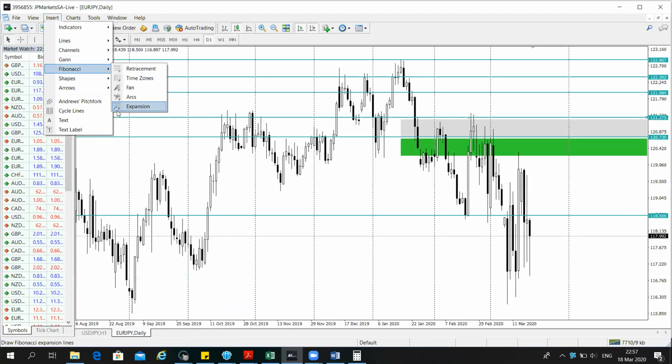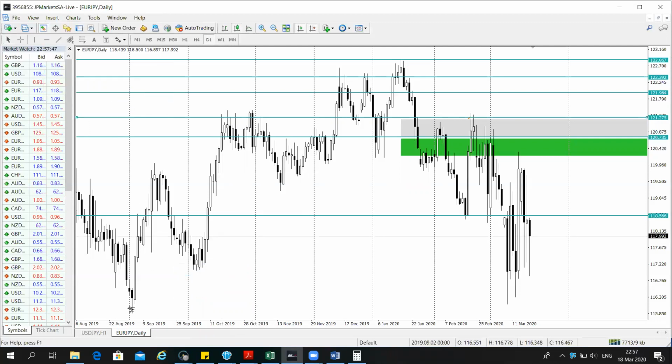Fibonacci expansion 2. I'm saying from where the trend started to where the trend rejected, to where the trend started continuing. Or you can take it back, because you don't know where the trend is going to continue. You take it back to where the trend started, right?